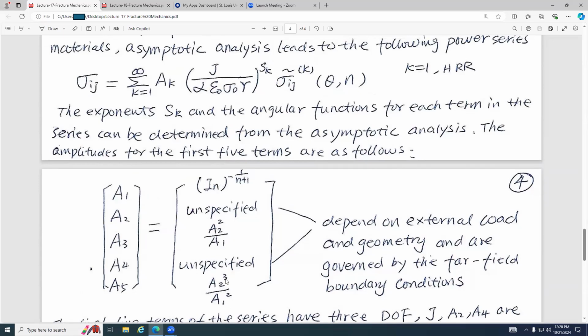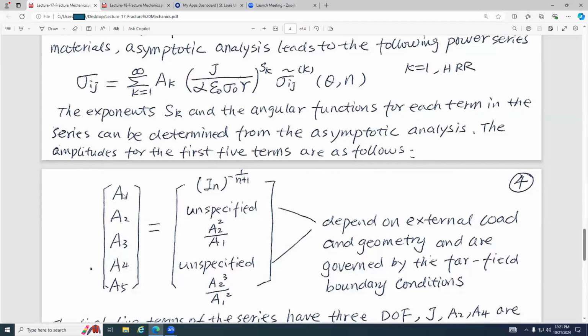A5 equals A2 cubed divided by A1 squared. A2 and A4 are unspecified, and they are dependent upon the external load and geometry. They are governed by the far-field boundary conditions.